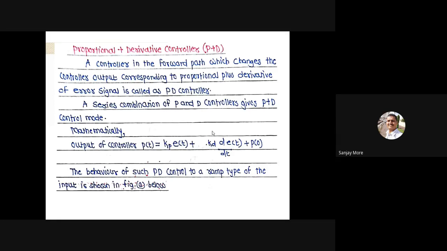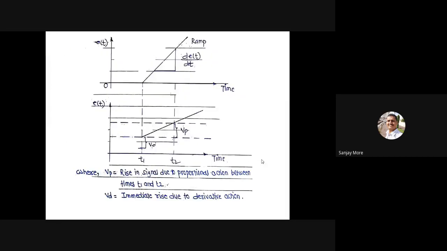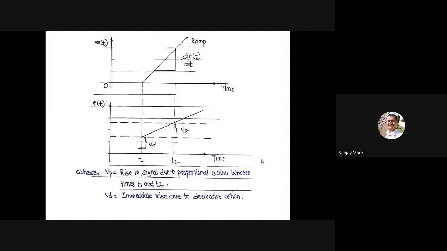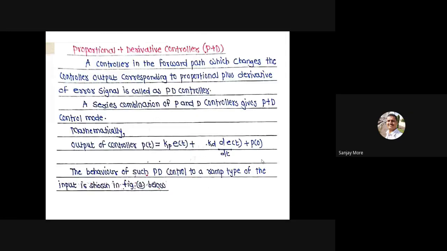Mathematically, here is the combination of two outputs. First one is the proportional output and second one is the derivative control output. Then the behavior of such PD control to a ramp type of input is shown in the figure. So before drawing these two graphs, write down 2-3 sentences on the proportional plus derivative controller.